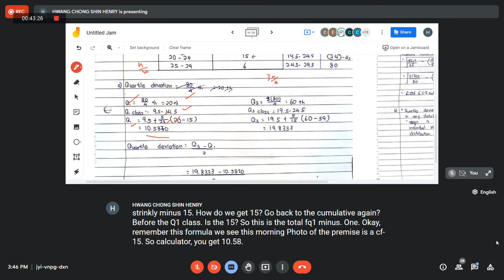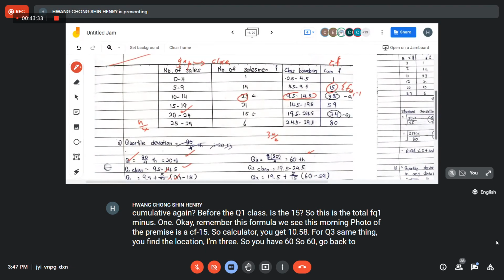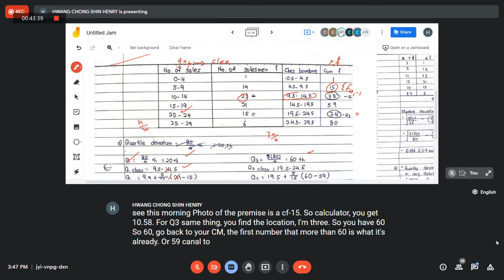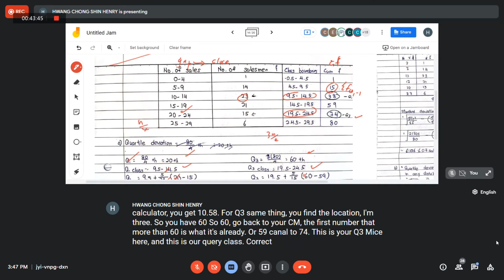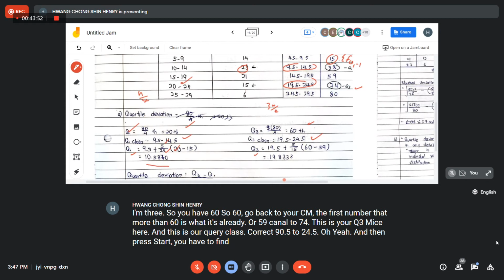For Q3, same thing, you find the location times 3, so you have 60. So 60, go back to your CF. The first number that is more than 60 is what? 74. 59 cannot, so 74. This is where your Q3 lies, and this is our Q3 class, correct? 90.5 to 94.5. And then third step, you have to find the Q3 exact value based on the interpolation formula.